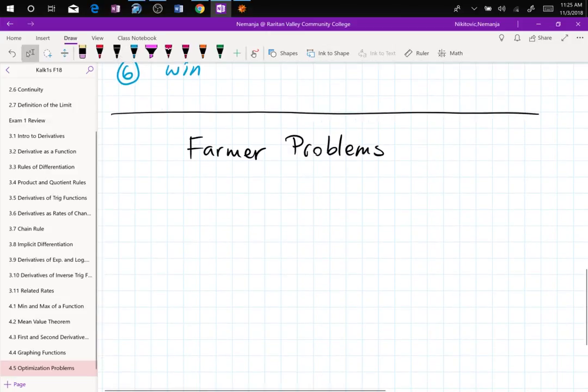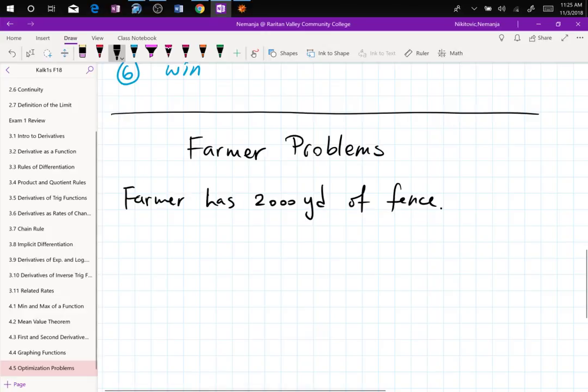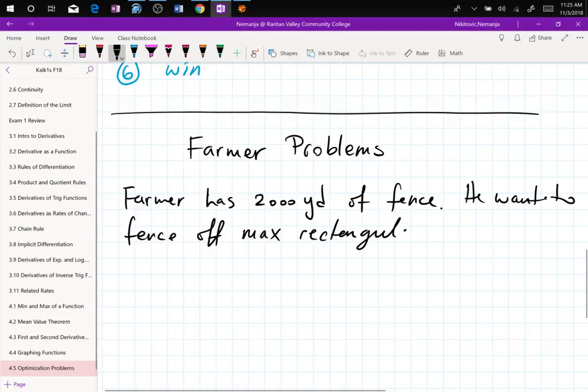So we start easy. Farmer has 2,000 yard of fence. He wants to fence off maximum rectangular area.